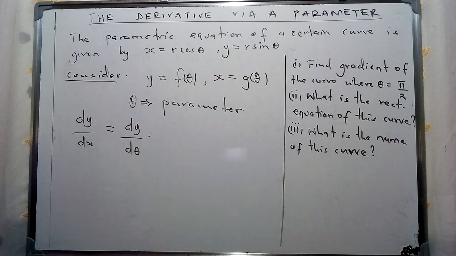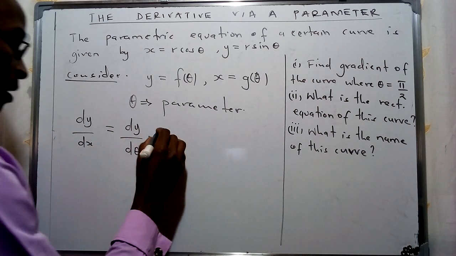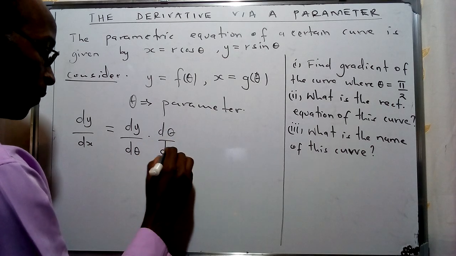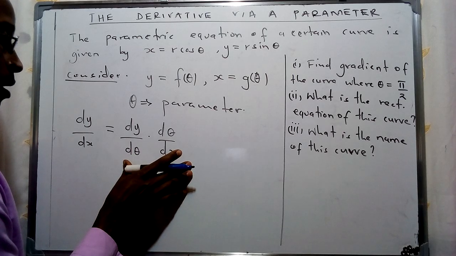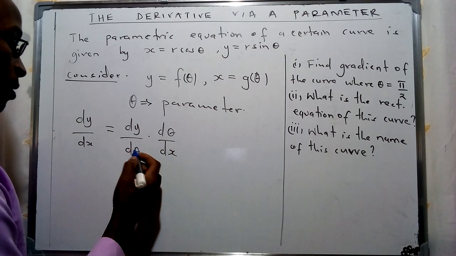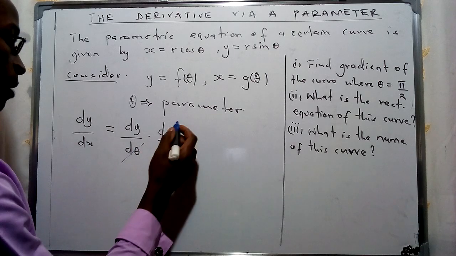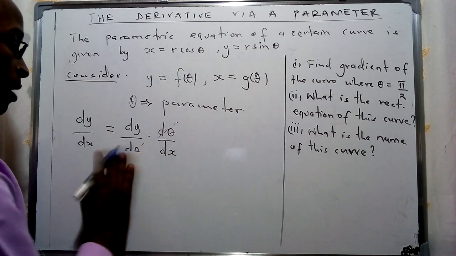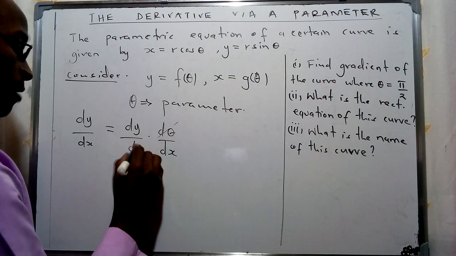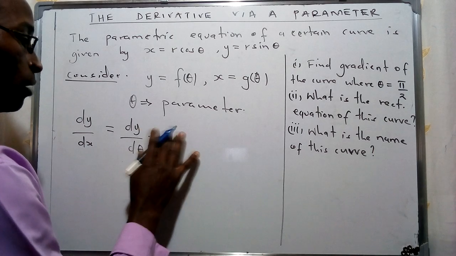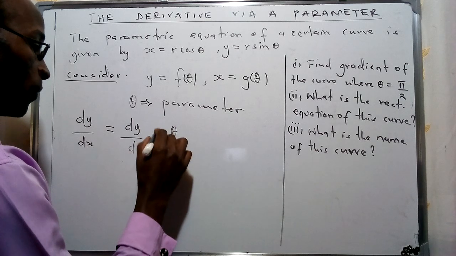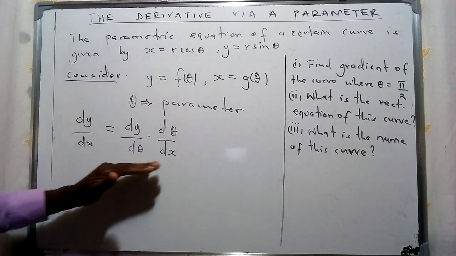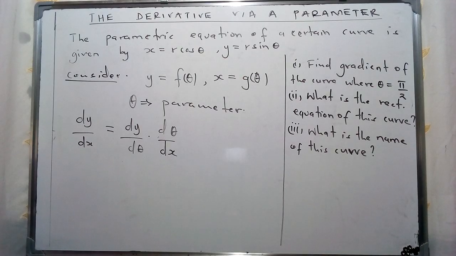This is basically a product of two terms, and we may consider cancelling the d theta, but we are just going to maintain them as such for the sake of our evaluation. As we are going to see later, just cancelling out eliminates a lot of information that is crucial for us to understand. So I am just going to maintain them as such.